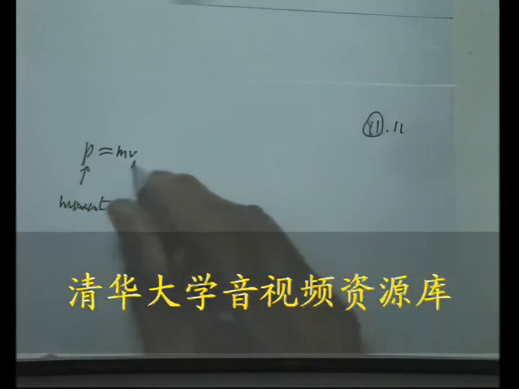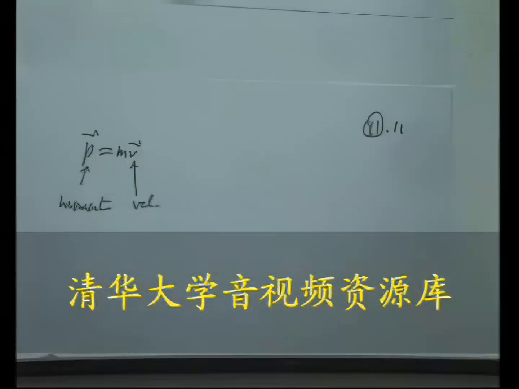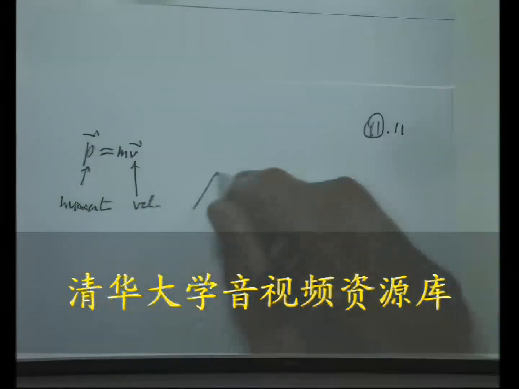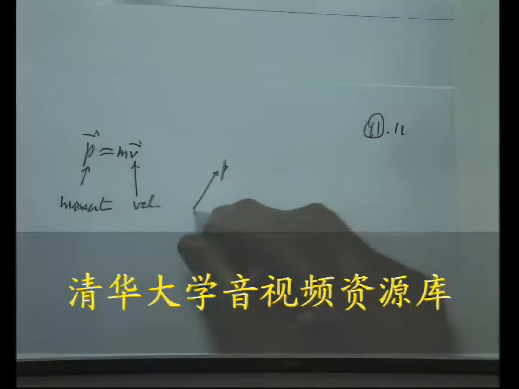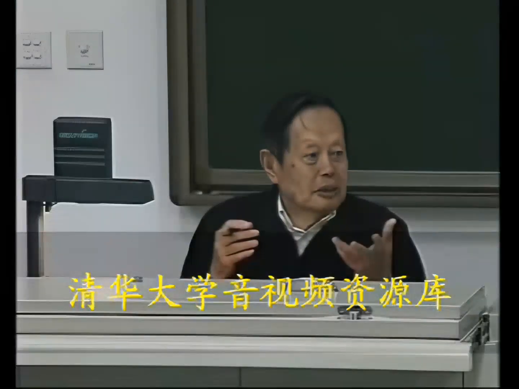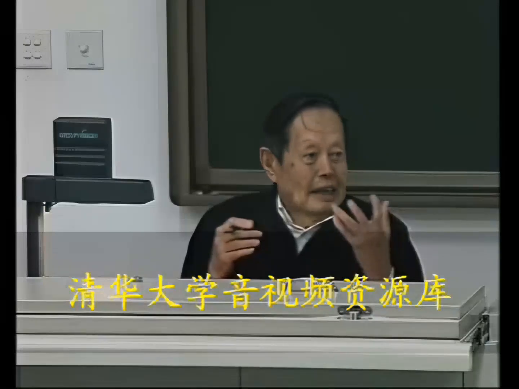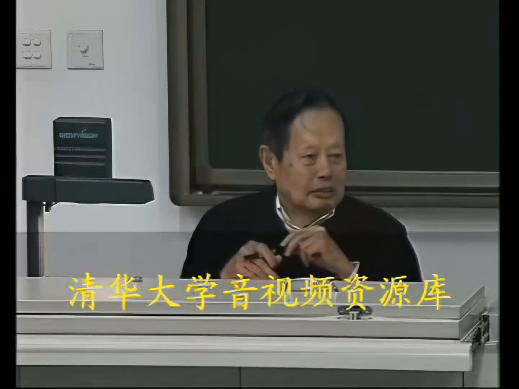V is velocity. Therefore, the linear momentum is always in the same direction as the velocity. P and V are different concepts. V is a kinematic concept. P is a dynamic concept. P has mass in it. But they are always parallel to each other.